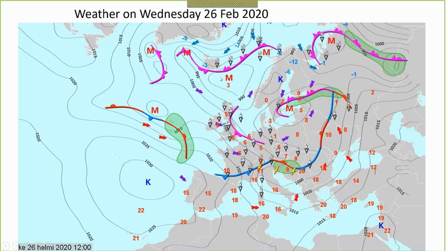So as you can see, and you very well know, there are several really fast moving and developing, deepening low pressures moving from the North Atlantic to the southeast, and there have been cases of heavy rain, and especially the wind has been really strong throughout Western and Southern Europe.